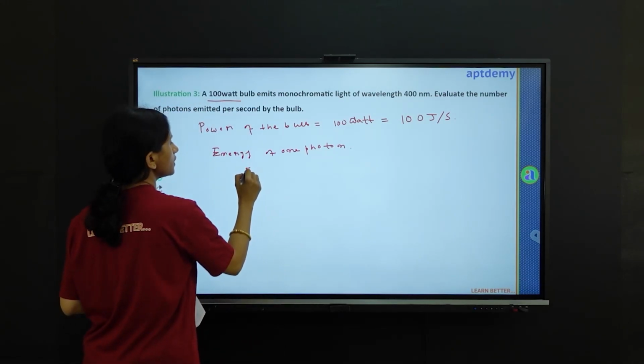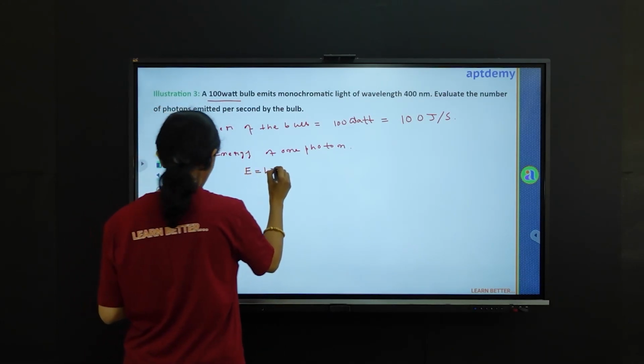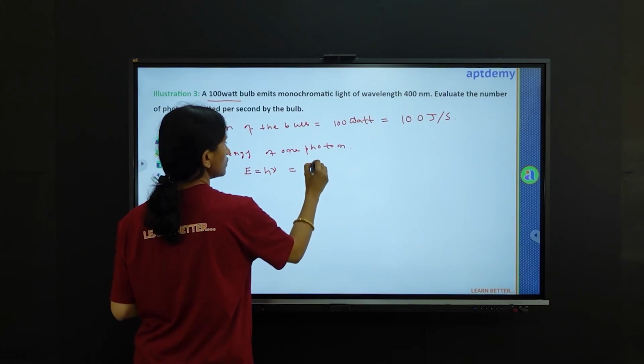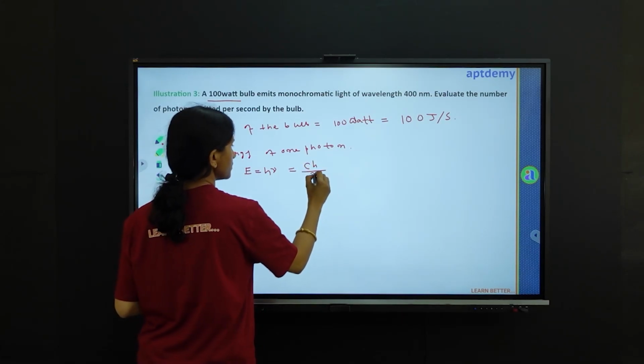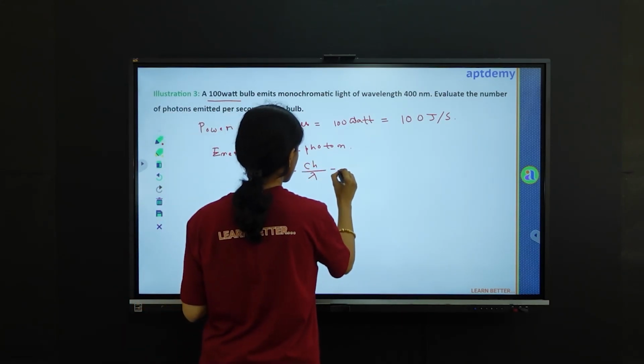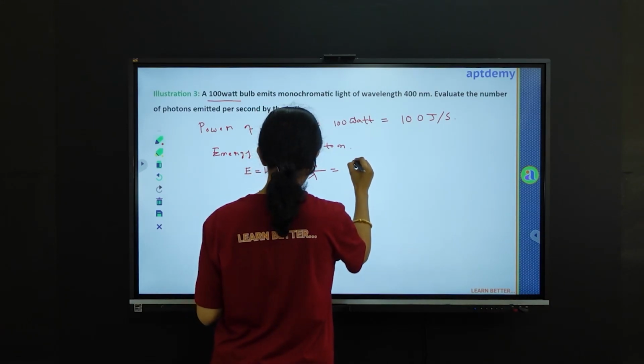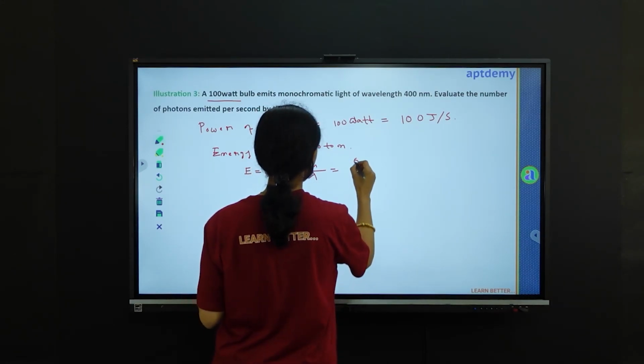We can easily write that E is equal to h nu, and this can also be written as equal to ch by lambda. Now let's put the values.